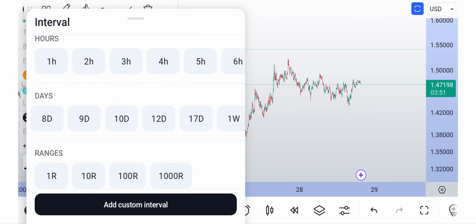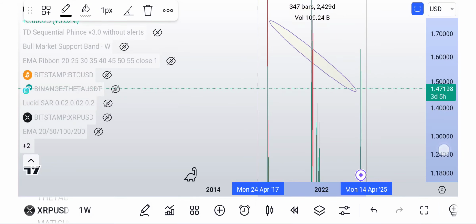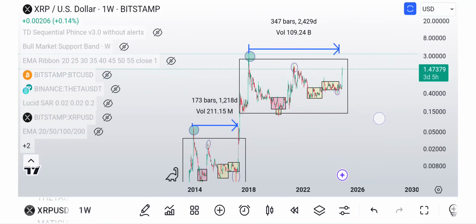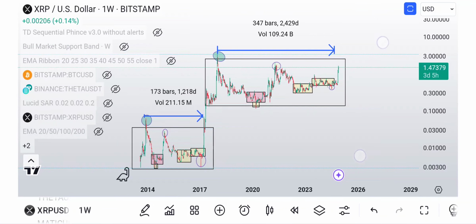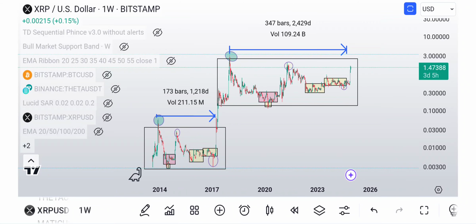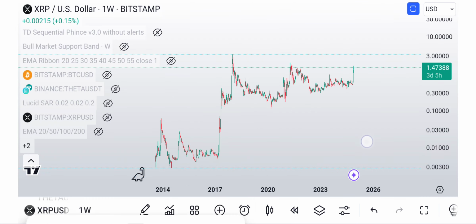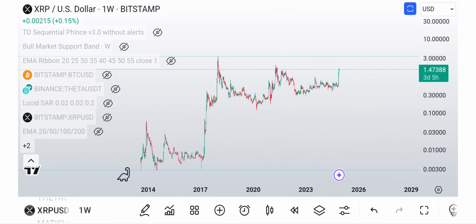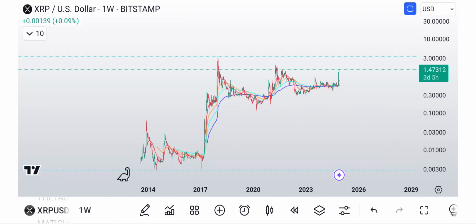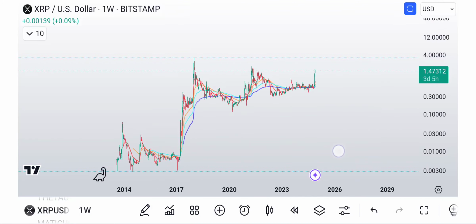Let's go to the weekly chart. Okay, here's our weekly chart. Our beautiful weekly chart. Let's take all that off because we don't need that anymore, and then let's put on our moving averages. Wow, look at that.